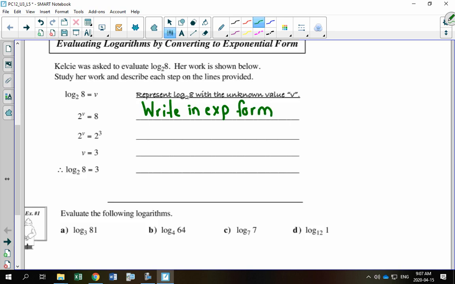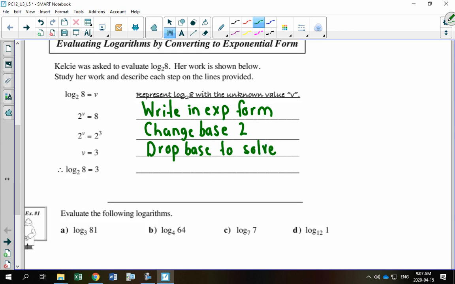Once she had it in exponential form, she noticed that she could change the bases to be base 2. And then, once the bases are the same, you can drop your bases, and she noticed that the exponent is equal to 3.